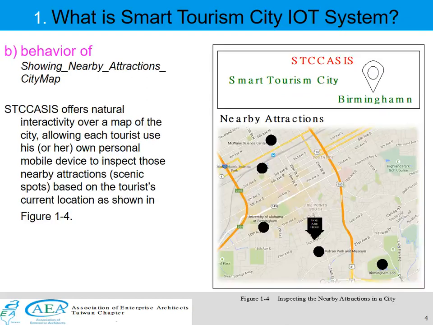The second behavior is showing nearby attraction city map. So each tourist can use this behavior to show him on his cell phone the nearby attractions.